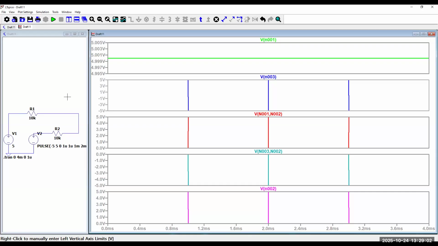So we are going from 0 to 5, but now we want to go from 0 to -5 at the output. What would you change in the circuit? Any thoughts?